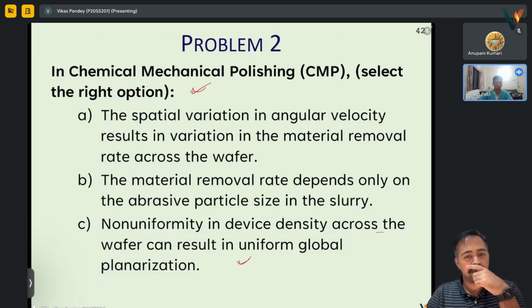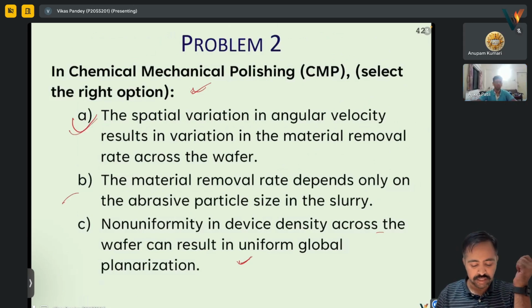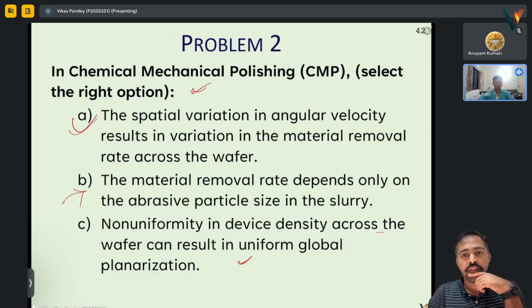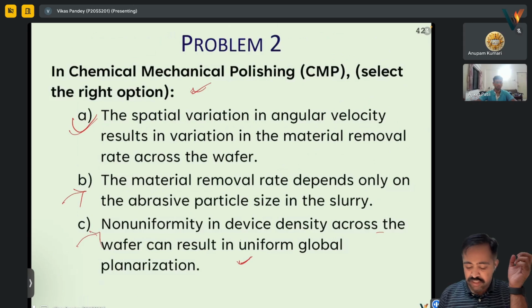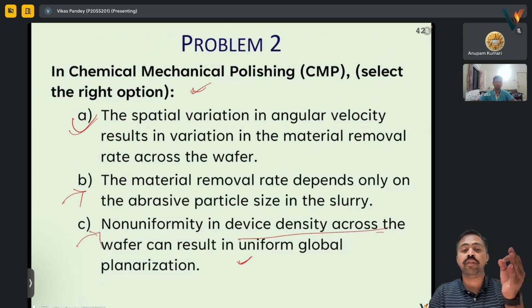A is correct, the spatial variation in angular velocity. B is wrong because it is not only dependent on that; it depends on pressure, relative velocity, and these things also. And non-uniformity in device density will not result in uniform global planarization.